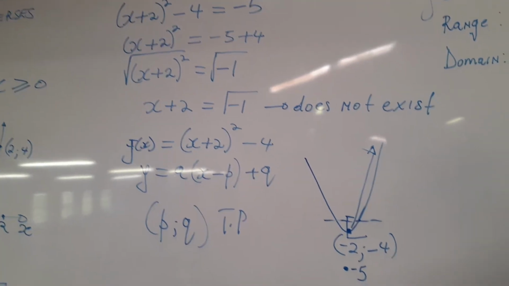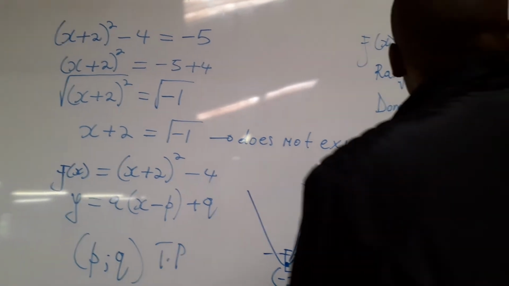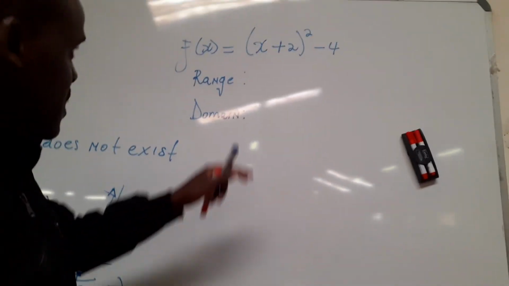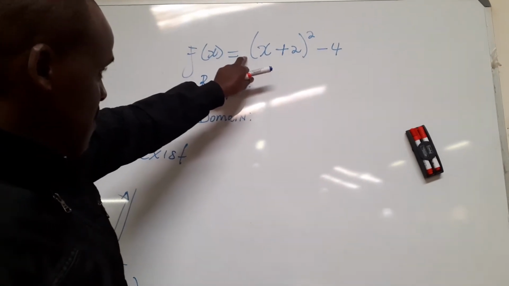So that's what the range means. Therefore, if you were to write the range, it's simple. You look at the value of y at the turning point and also the value of a there.